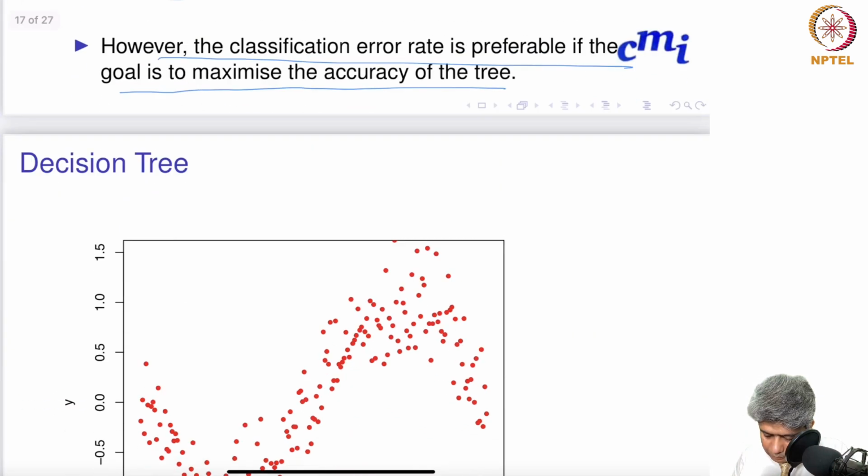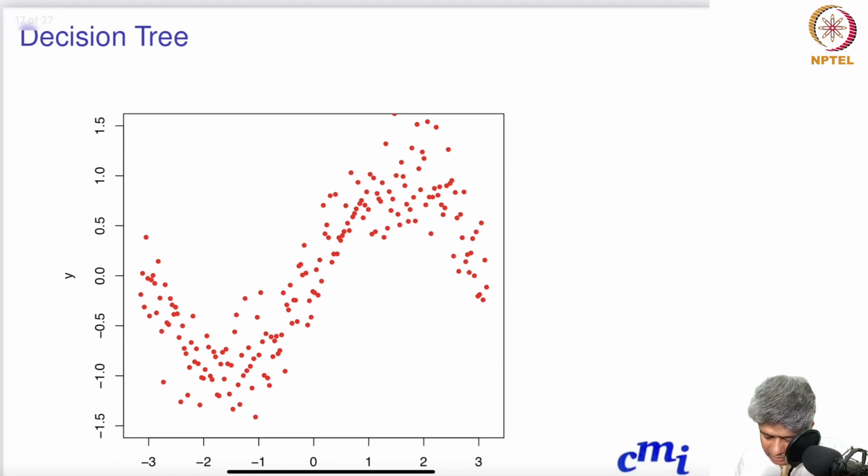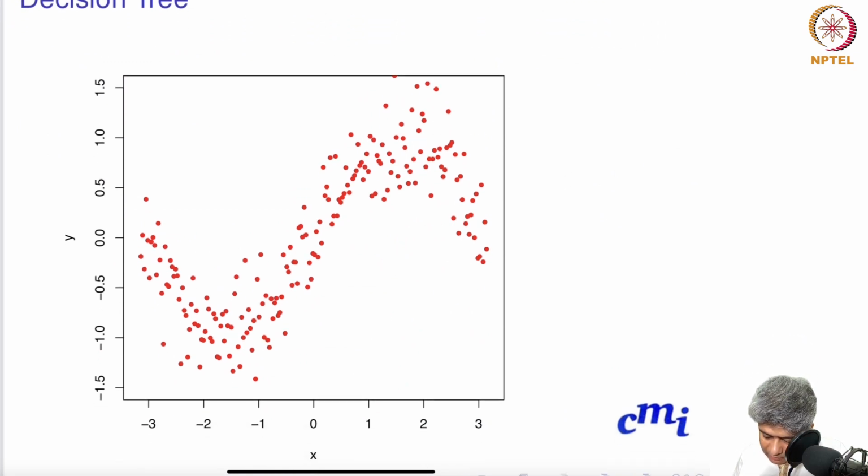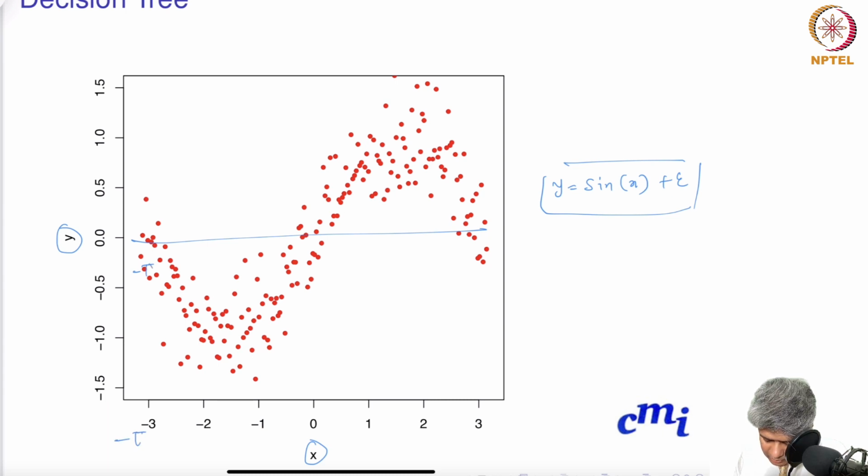Suppose here I have taken an example. Here is the x and here is the y. I have taken y equal to sine x plus epsilon. This is the model I have considered. You can see that between minus pi and pi, it goes in a wave with some epsilon.